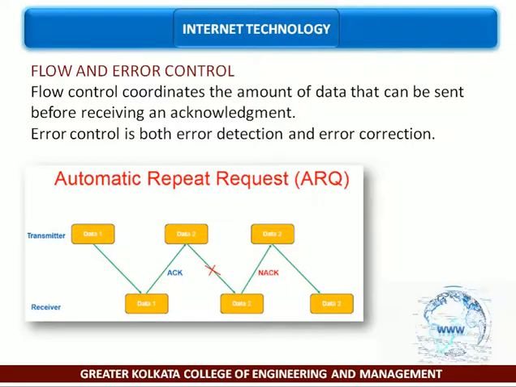The flow of data must not overwhelm the receiver. Any receiving device has a limited speed at which it can process incoming data and a limited amount of memory in which to store incoming data.